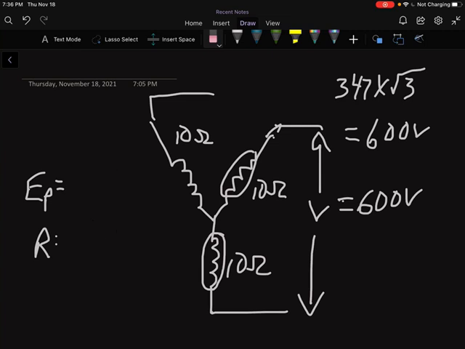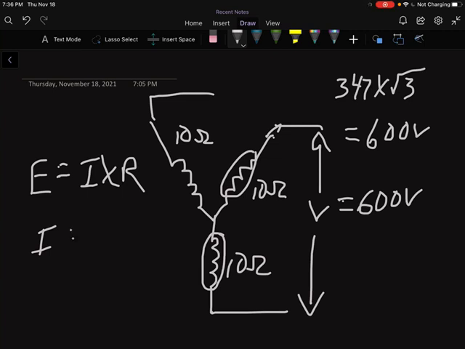So Ohm's law, we know that E is equal to I times R. And if I wanted to get I by itself, I would have to divide R out on each side, so we get our current is equal to E divided by R. So we would get 347 volts.